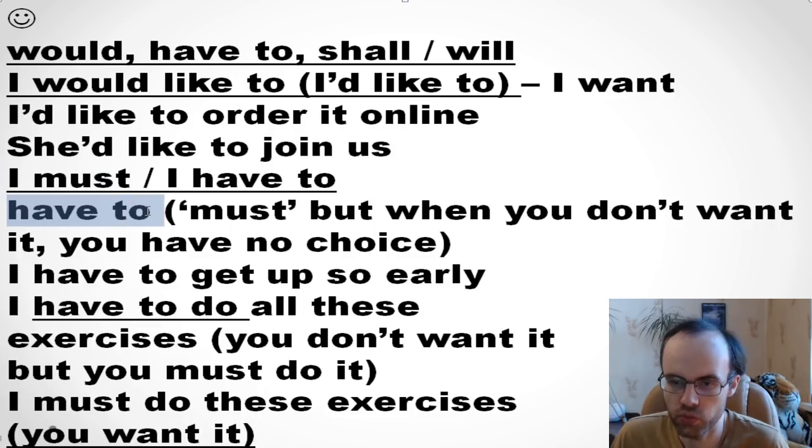So have to means must, but when you don't want it, you have no choice. I have to get up so early. I have to do all these exercises. You don't want it, but you must do it. I must do these exercises. So you want it. Good.